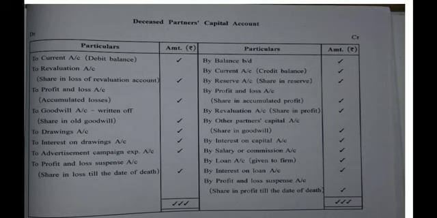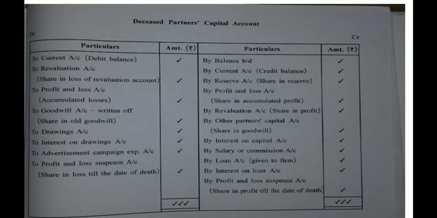This is the only difference. Yes, we were preparing revaluation account, partners' capital accounts, cash and bank and balance sheet, of which partners' capital accounts, if you prepare for a single partner, is similar to deceased partner's capital account, I can say. You have only split this account.